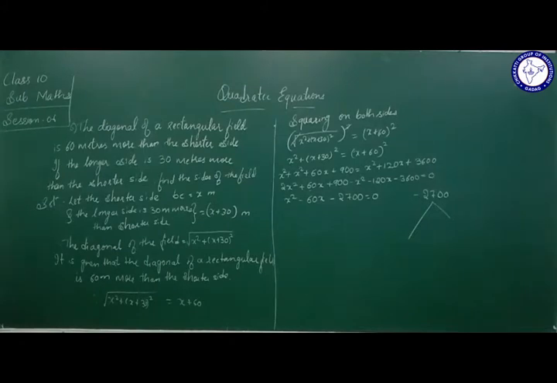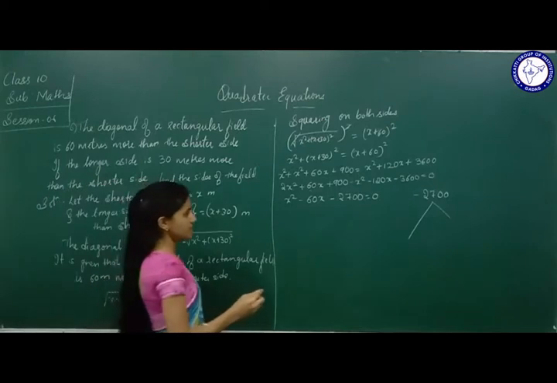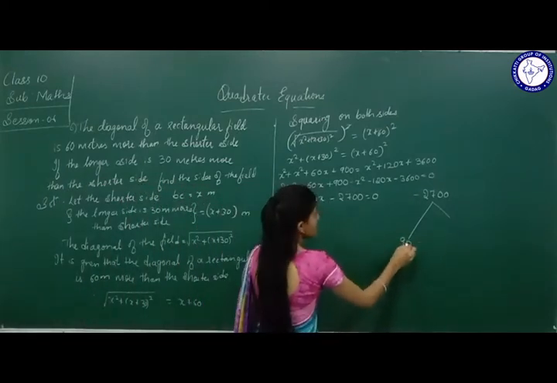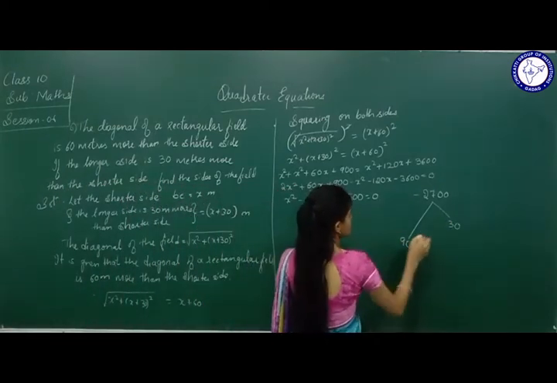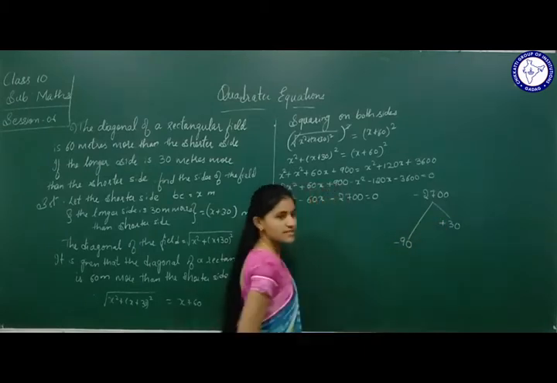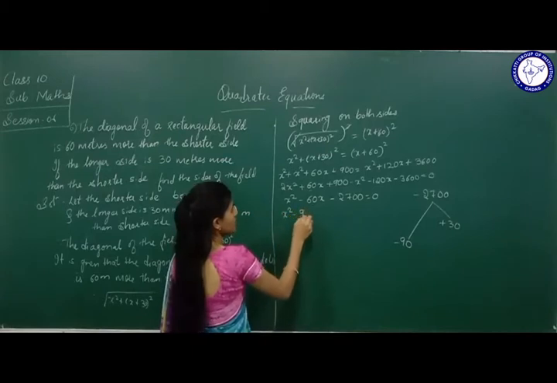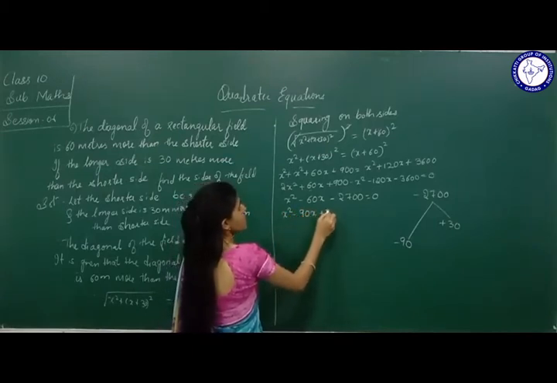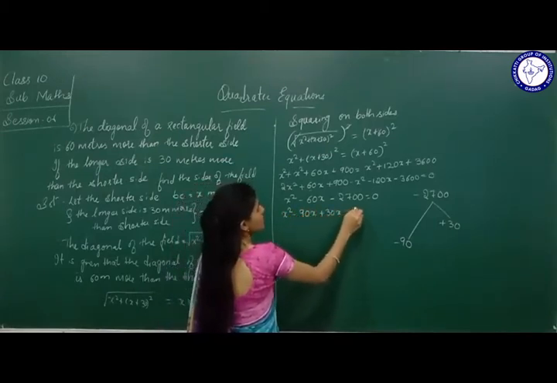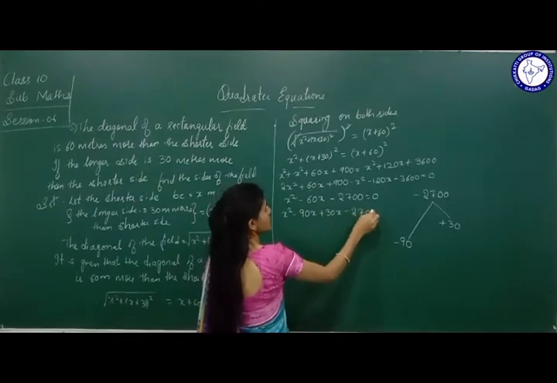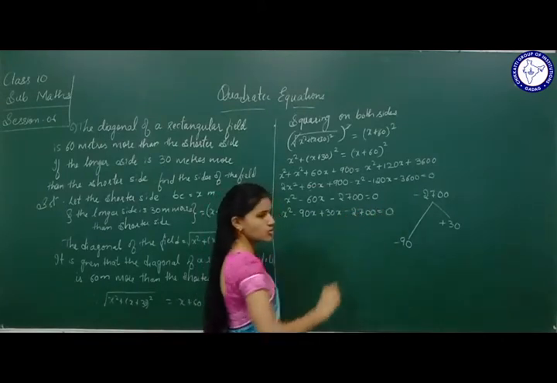Nine threes are 90, so 90 into 30. I am going to write it as minus 90 and plus 30. This is of the form x square minus 90x plus 30x minus 2700, equal to 0.